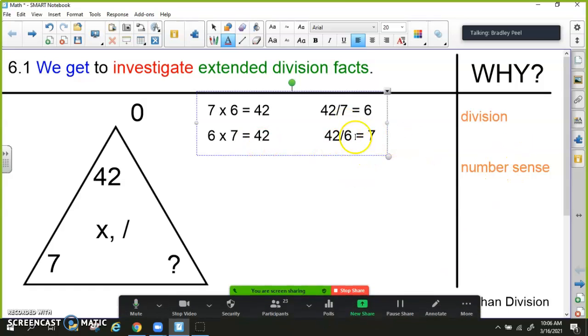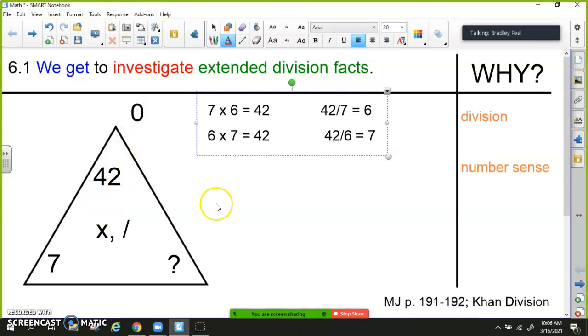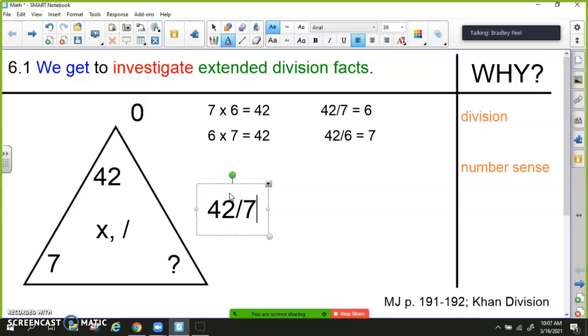So now you'll be asked to write that fact, saying that 42 divided by 7 equals 6. And then you're going to be asked to write the extended fact here. So it's like replacing the 0 back to what we have here.